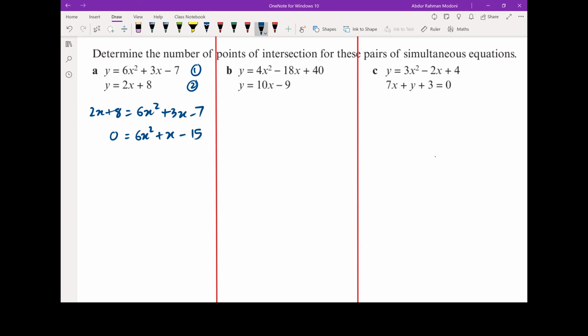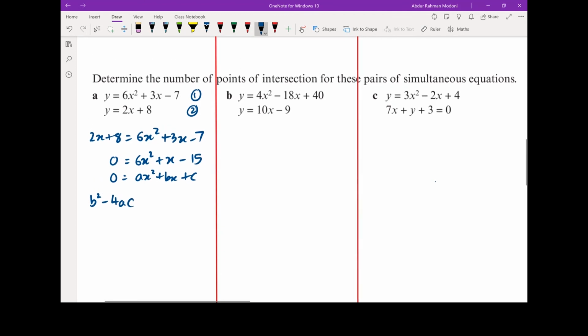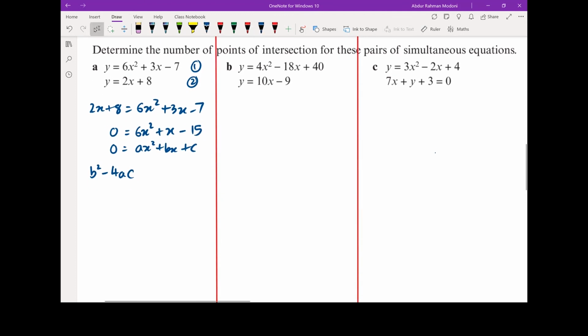Let's go and take a look at how we would find the discriminant now that it's in the form of ax squared plus bx plus c. Remember to always get it into this form: ax squared plus bx plus c is all equal to 0. So what is our discriminant for this quadratic? Since we've now formed a quadratic, we can treat it as a quadratic and determine how many solutions this quadratic will have.